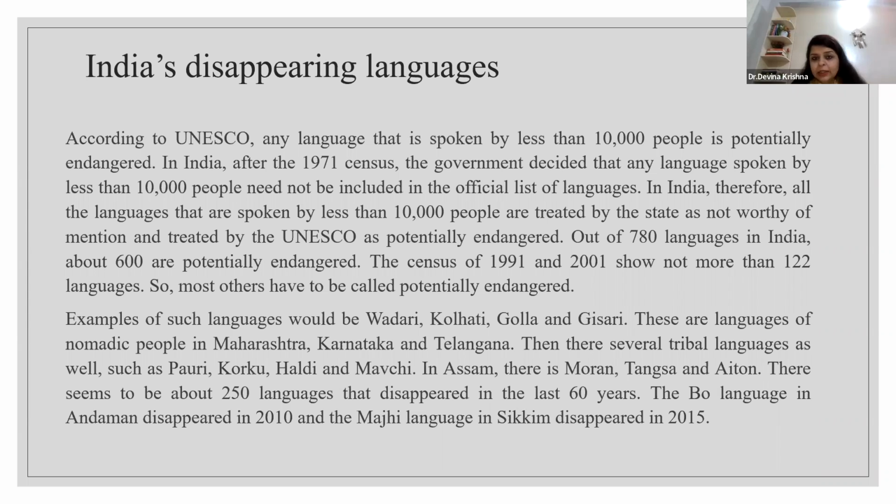Then we have critically endangered, where the youngest speakers are grandparents and older, and they speak the language partially and infrequently. And then we have the last group, extinct, which simply means there are no speakers left to speak the language. So this is how the degree of endangerment works.